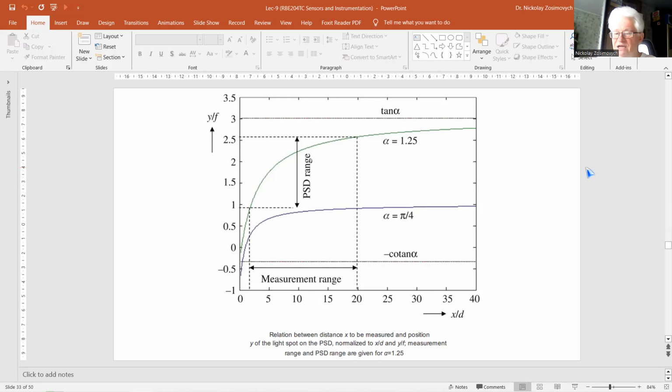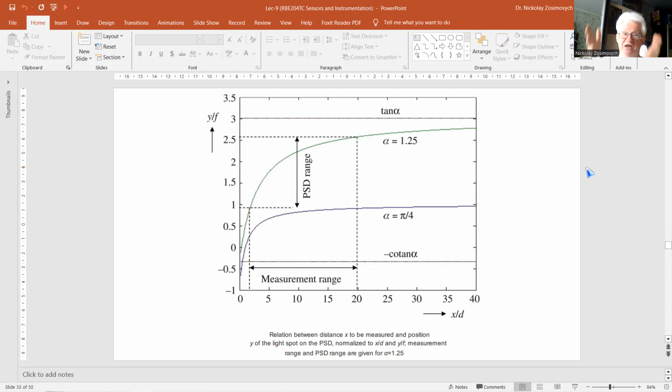Only for alpha equals half pi, the optical axis of source and the sensor are perpendicular, and the transfer is linear. What it means is that y over f is proportional to x over d, so the range is rather small. In case alpha equals 0, parallel optical axes, the transfer is simply the inverse.